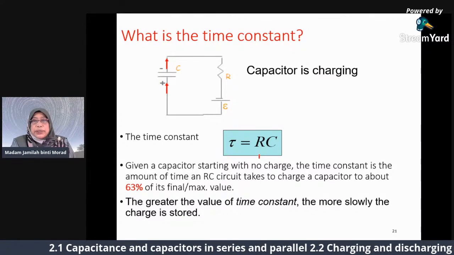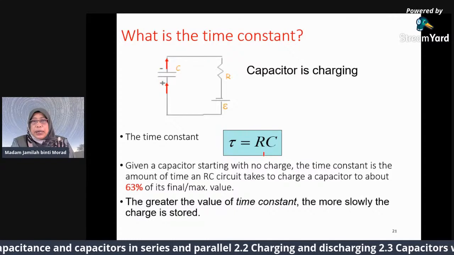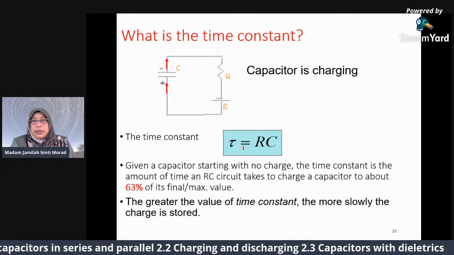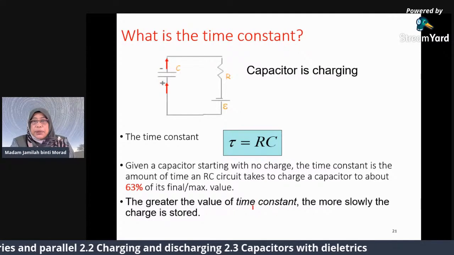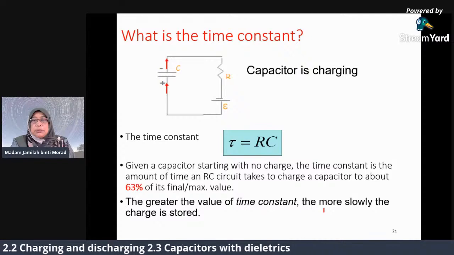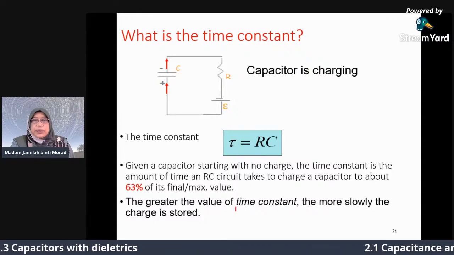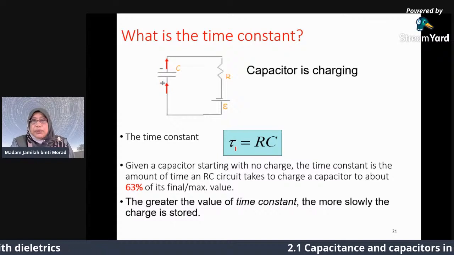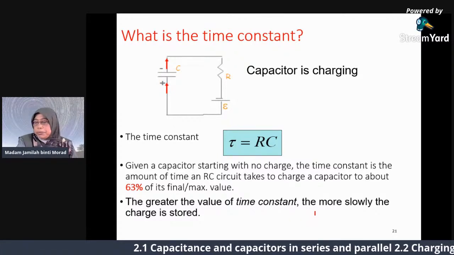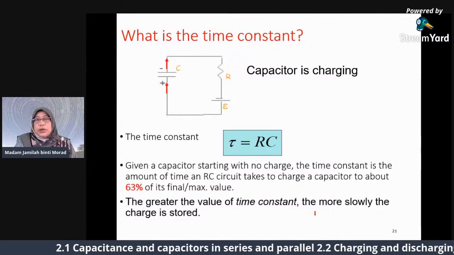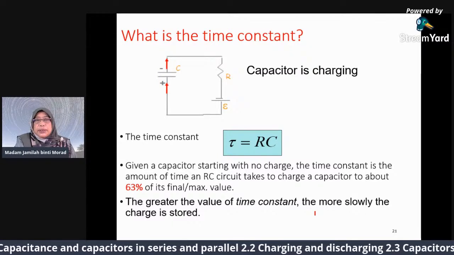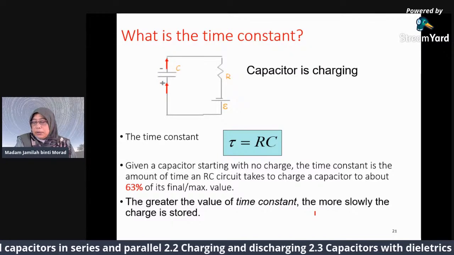From the equation tau equals R times C, the greater the value of the time constant, the more slowly the charge is stored. The charge accumulated on the plates of the capacitor is then about 63% of its final or maximum value.